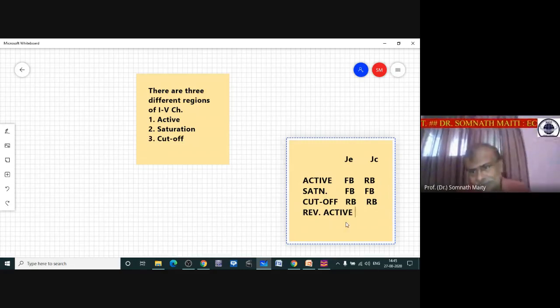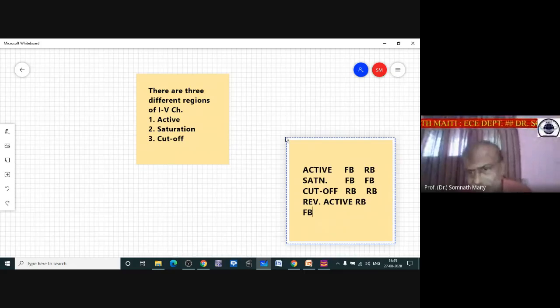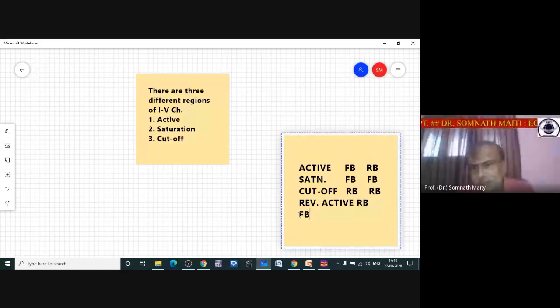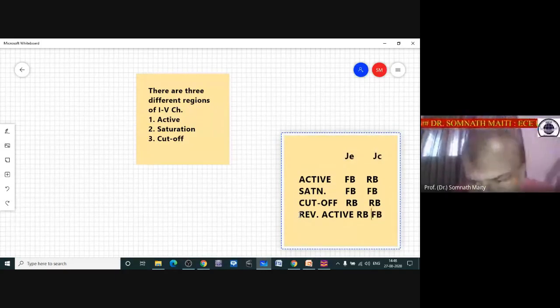In this case, emitter junction is reverse bias and collector junction is forward bias. So you must remember these facts.